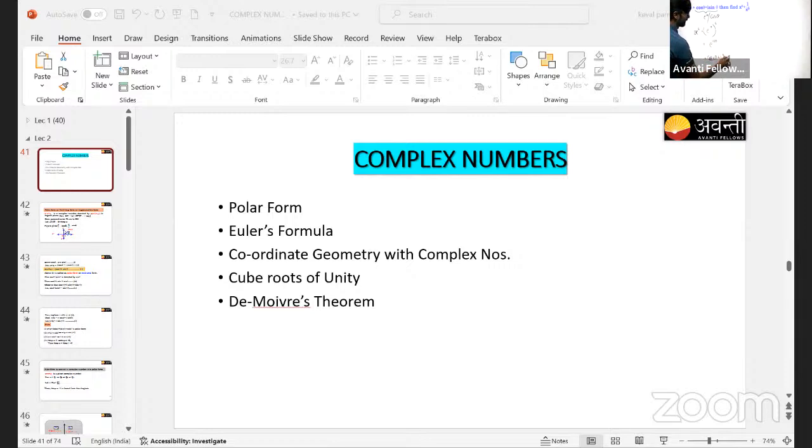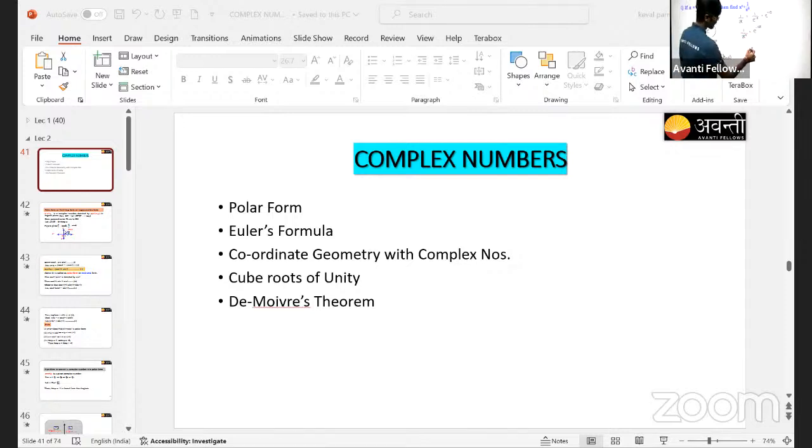So that means it will be e raised to i 6 theta, which is cos 6 theta plus i sin 6 theta. Now let's find 1 upon x. What will be 1 upon x? 1 upon e raised to i theta, that means e raised to minus i theta. So what will be 1 upon x raised to the power 6? Same, e raised to minus i 6 theta. I hope it is clear.